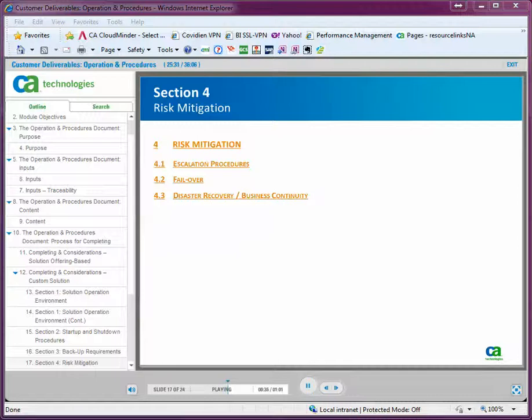So anything to do with the escalation procedures during a system outage would be documented in Section 4.1. Anything to do with the failover, or the stand-in of the solution, would be 4.2, and anything to do with disaster recovery or business continuity, as it's more commonly known today, would be captured in 4.3.